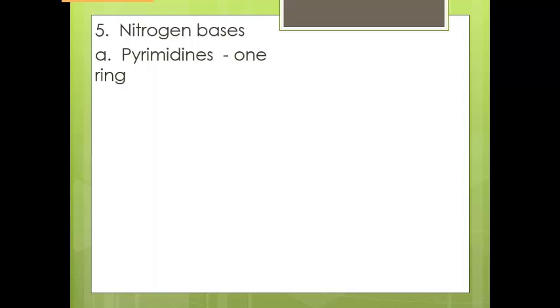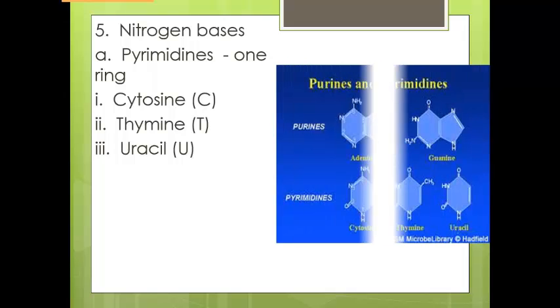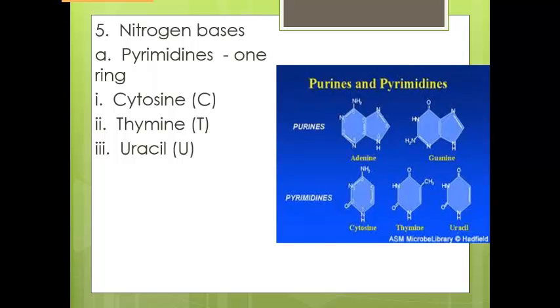So for nitrogen bases, they're divided up into their size. Pyrimidines are what we call the one-ringed nitrogen bases. And for one ring, those would be cytosine, which we abbreviate with a C, thymine, and uracil. And you can see the abbreviations there. Now this picture will show you purines and pyrimidines. So with the pyrimidines, this is what we meant by one ring.